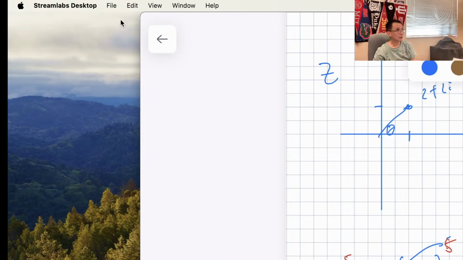Oh, look. Negative 128. Because square root 2 times square root 2 is what? 2. Yeah, it's negative. Oh yeah, I forgot. It's supposed to be negative. Sorry.